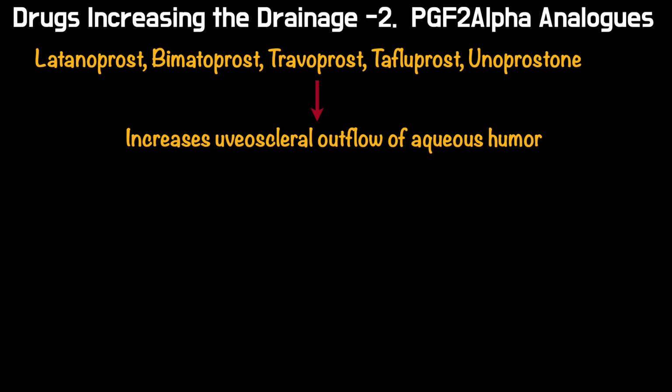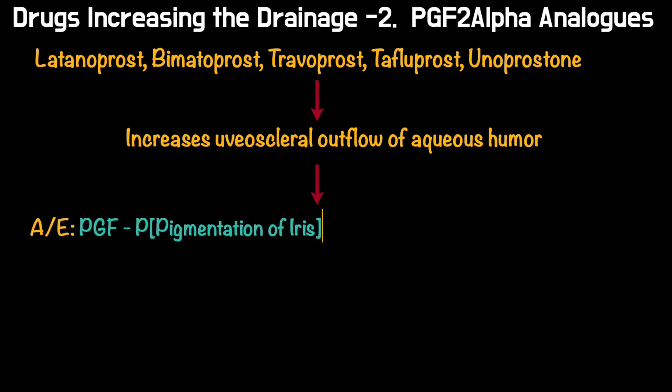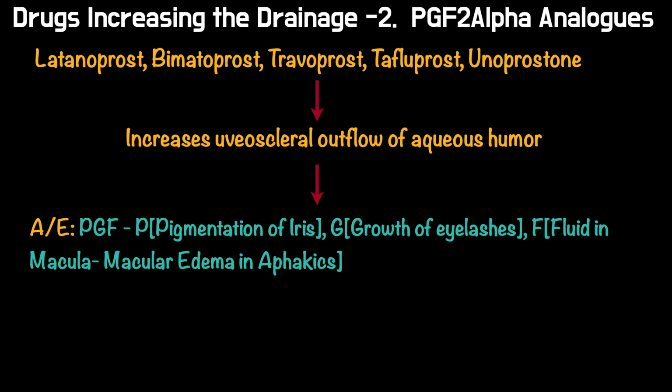The previous group of drugs increased trabecular outflow, but these PGF2 alpha analogs increase the uveoscleral outflow of the aqueous humor. The side effects are, again, PGF. P is pigmentation of the iris, right? So heterochromia iridis is also a side effect of these PGF2 alpha analogs.